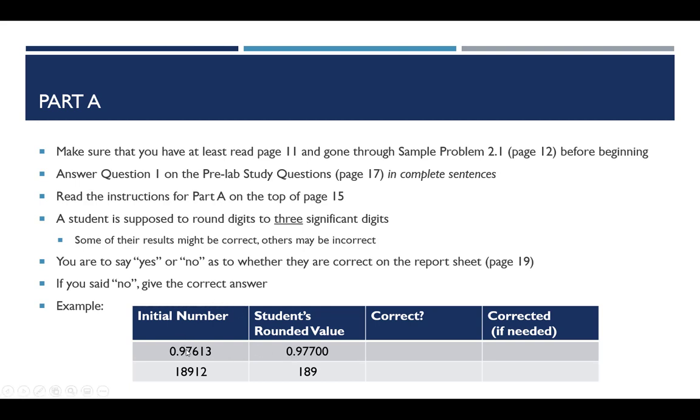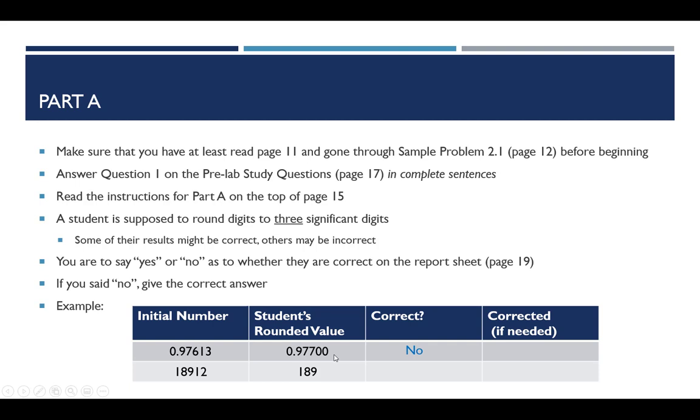Well, 3 significant digits would be, you keep the 9, the 7, and then the 6 is the 3rd significant digit. Remember, the starting 0 is leading, so we don't count it. 1, 2, 3. Oh, they kept 5 significant digits. They added zeros at the end. So they do not have 3 significant digits.